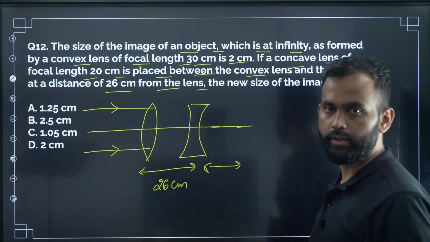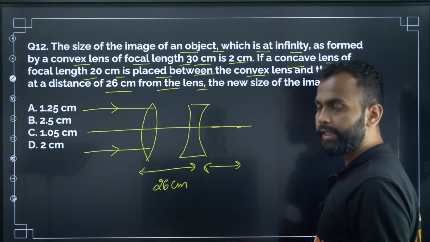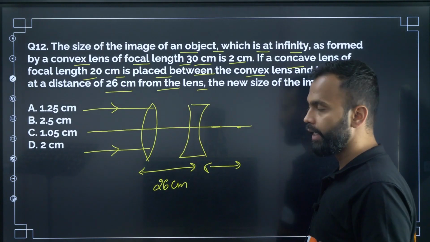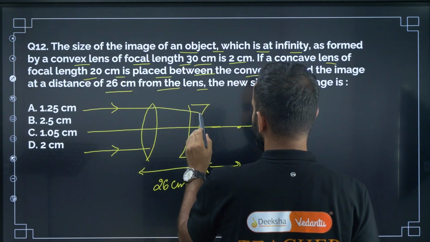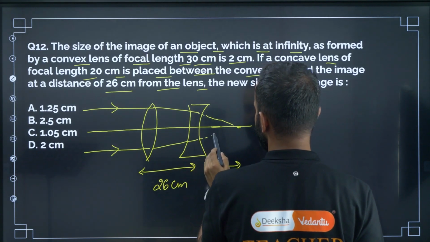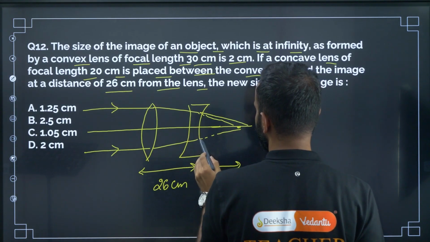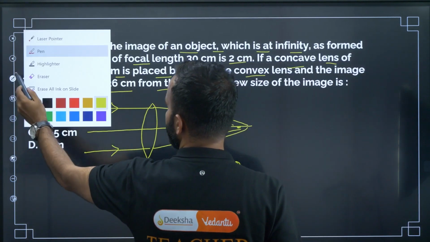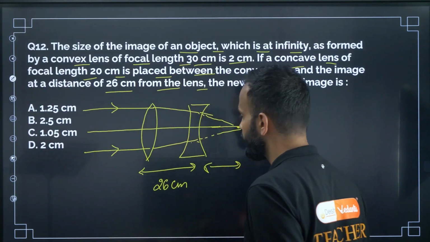The new size of the image is, okay, so here the size of the image is 2 centimeter, and the image forms at the focal length of the convex lens.